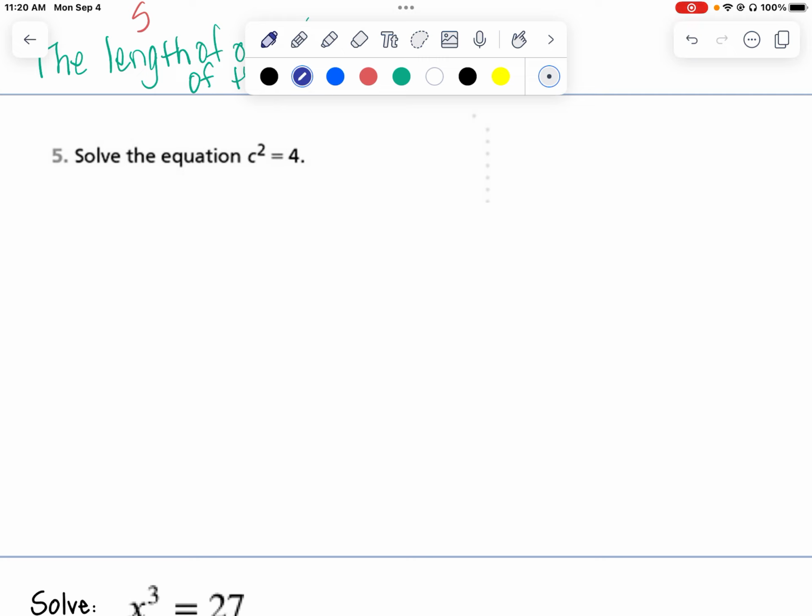C equals plus or minus 2, because we're dealing with taking the square root of each side. This symbol indicates take the square root.